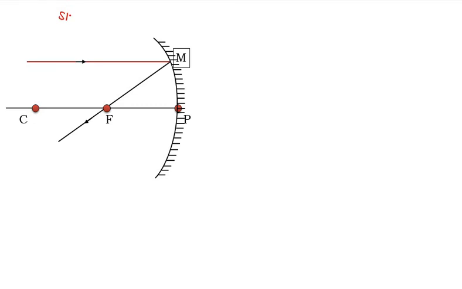Sine theta is approximately equal to tan theta is approximately equal to theta if theta is small. This is a mathematical fact. Okay, so probably we will do the proof of R is equal to 2f in the next lecture. So see you there.